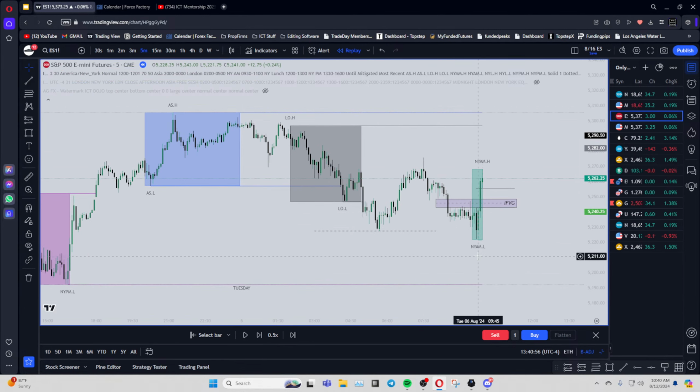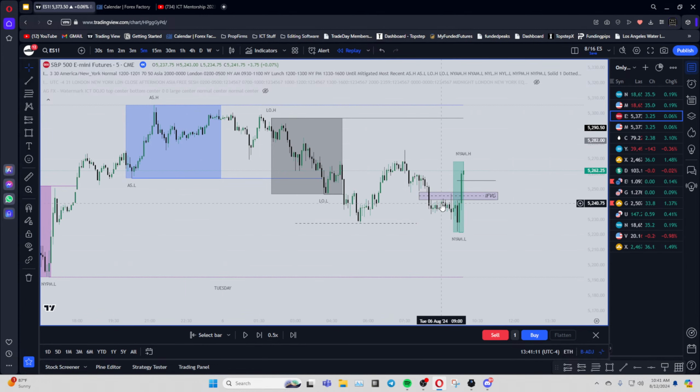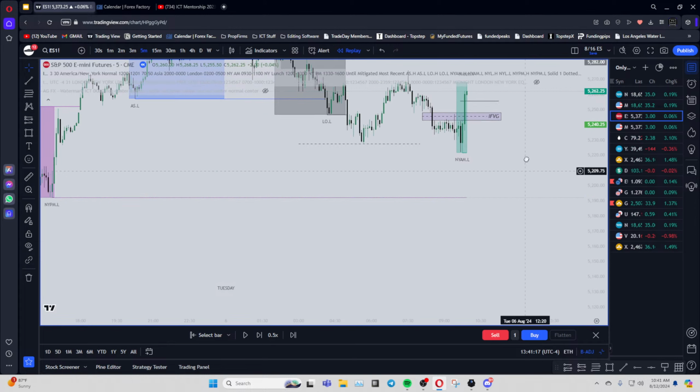Why not? Well, because based on our time, which is 9:30, many times 9:30 is going to come down. It's kind of like its own macro. It's going to sweep one side and then it's going to run the other side. So if we come up and we respect it once right here, but once we've disrespected it, we're not going to want to see any more sell side.